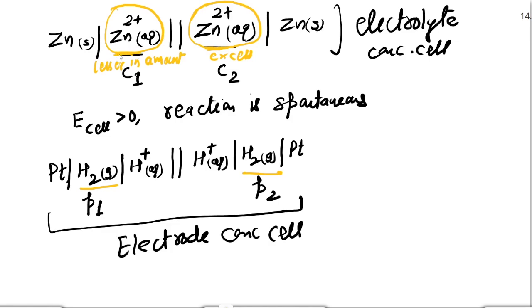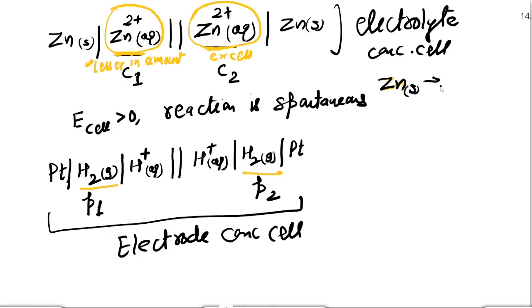Zn2+ ions are formed when they are less. That's why solid zinc is converted into Zn2+. The same osmotic pressure, solution pressure, you can apply, because here solution pressure is increasing. So solid zinc is converted to Zn2+ if Zn2+ ions are in lesser amount.